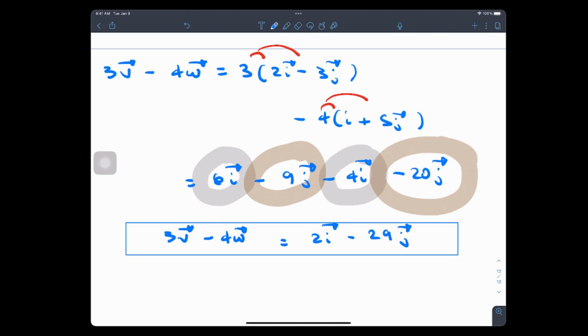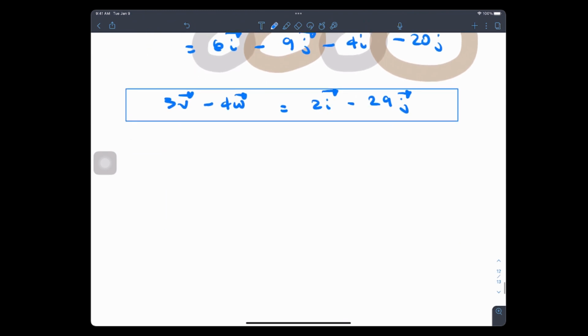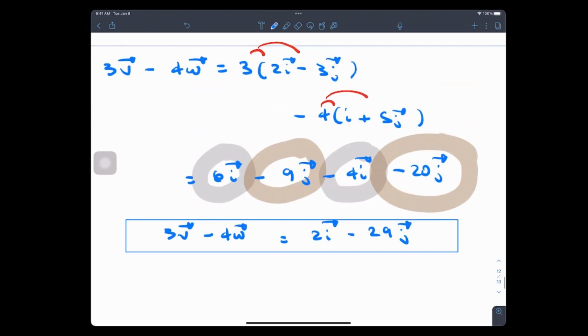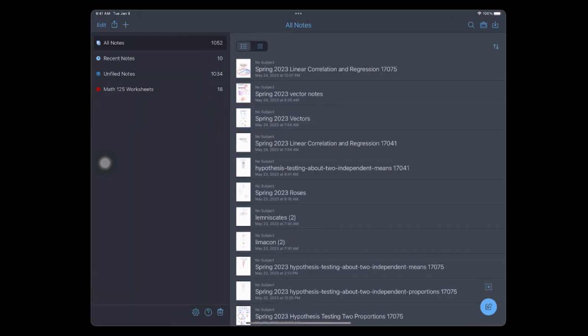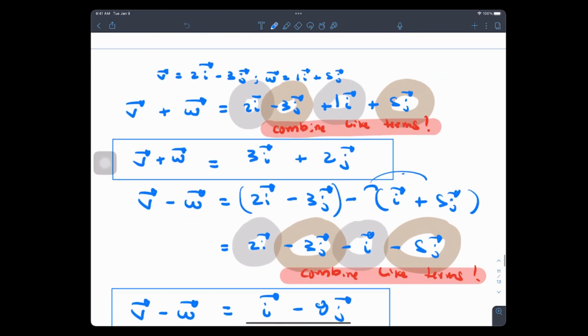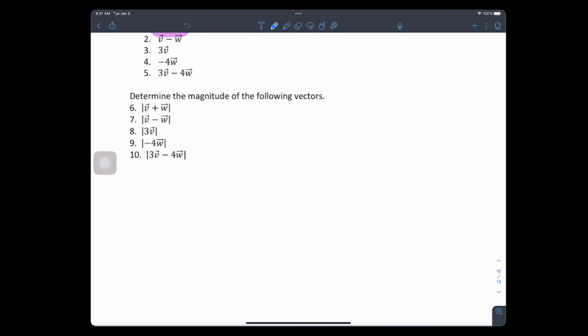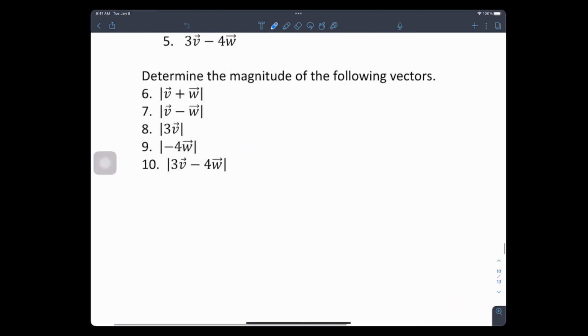All right. Now, here's what I'm going to say to you guys. By the way, I'm going to give you guys a note here. You go back and you look at the, I guess we are in the notes. We are in vectors. You go back and you say to me, oh, Mr. Judge, what do they want me to do? Find the magnitude of the following vectors. How do you guys think you could find the magnitude?